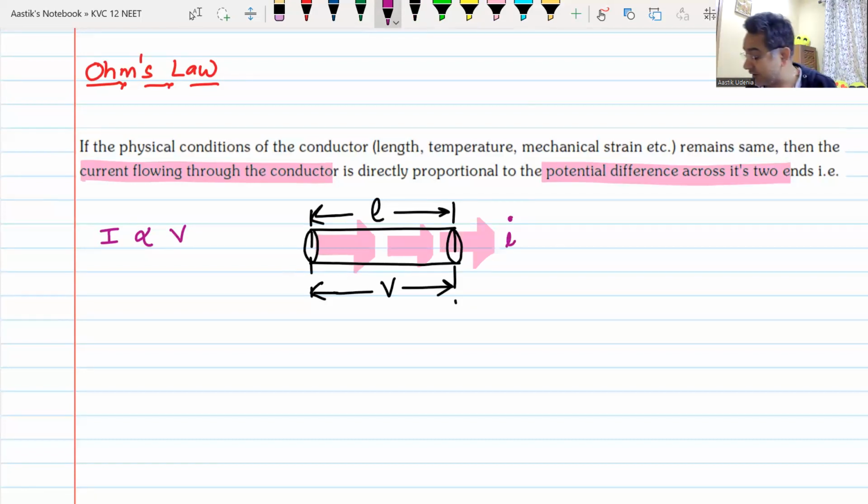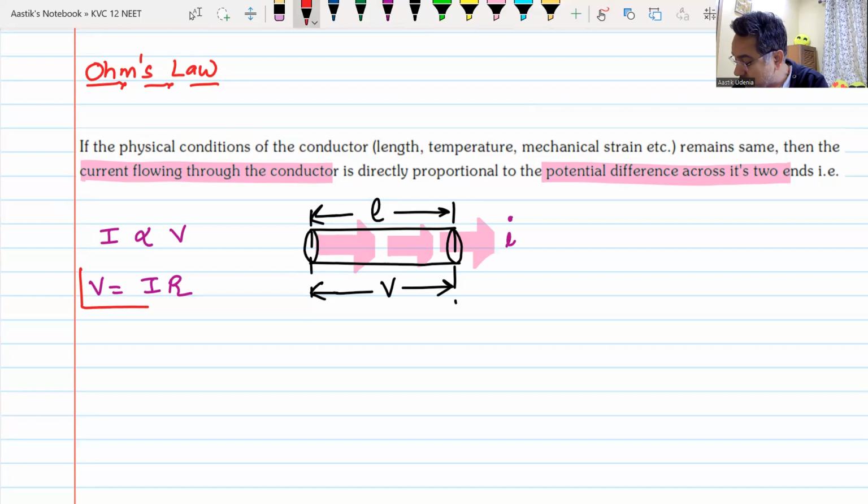So whatever current is flowing through the conductor is directly proportional to the potential difference applied across the conductor, or you can say V is equal to IR.